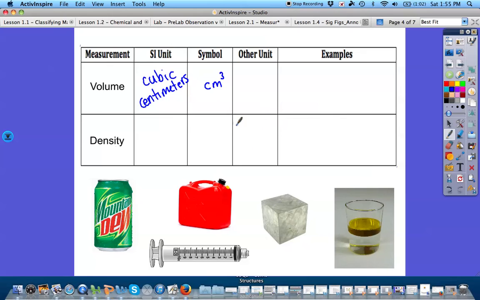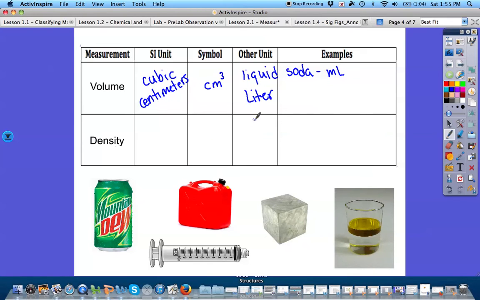And the other unit that we use typically for liquid would be based off of a liter. So if we wanted to determine the volume of a soda in a can or a bottle, we would do that in milliliters, and actually that's normally in parentheses on the bottle or on the can.